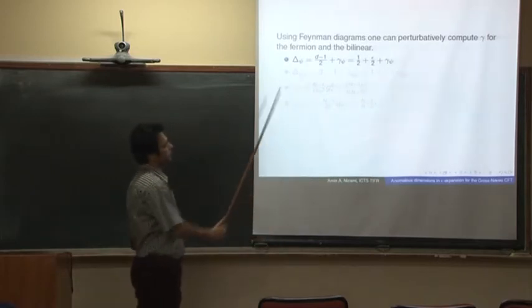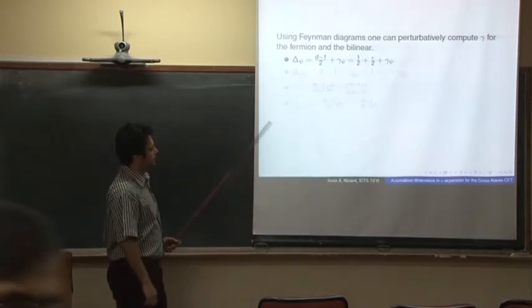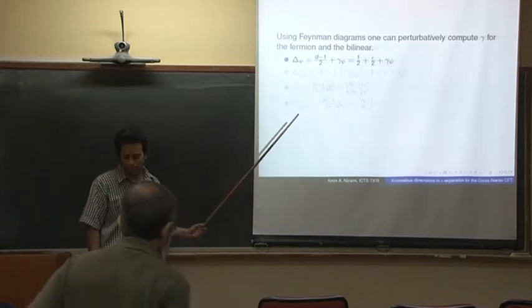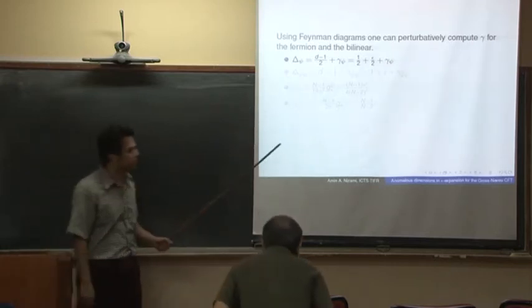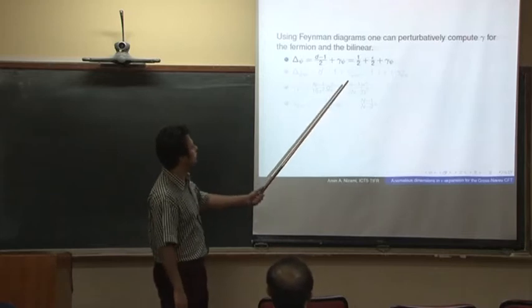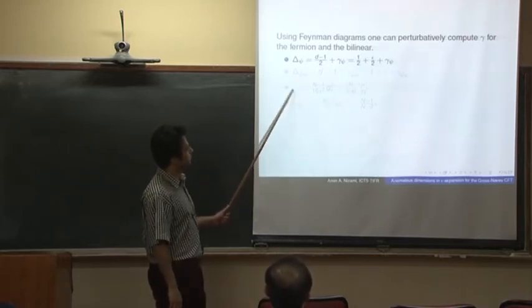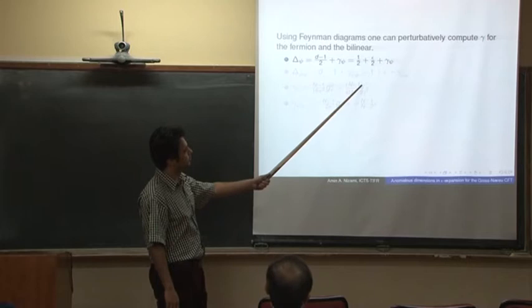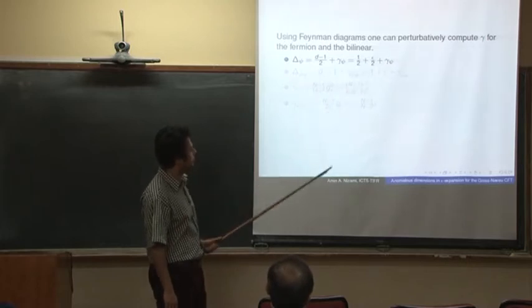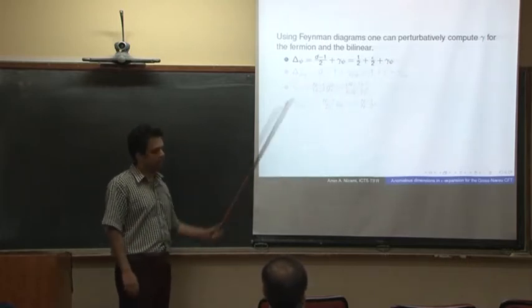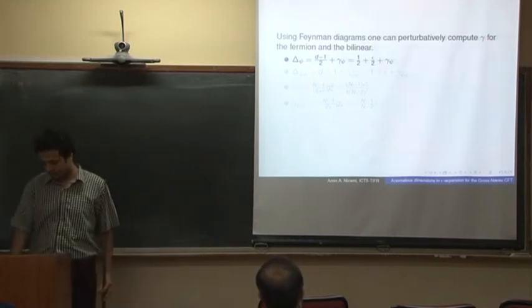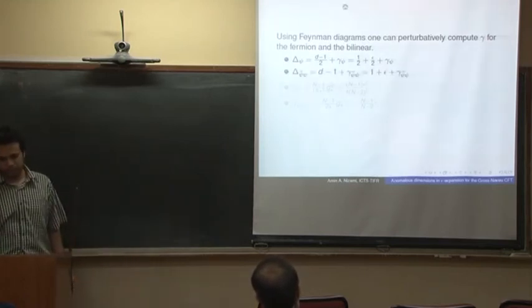And similarly for the fermion bilinear. And so the state of the art here, I think, is like order epsilon cubed or something. But anyway, I'll just quote the leading order results. So the fermion gets the correction at leading order of order epsilon squared, and the fermion bilinear has this. So this is what is known.